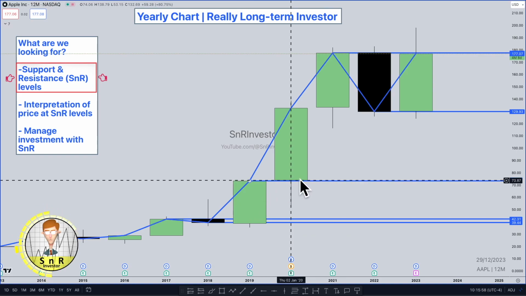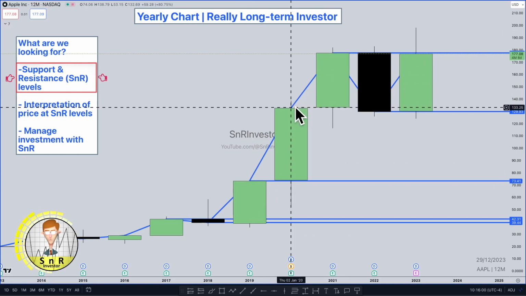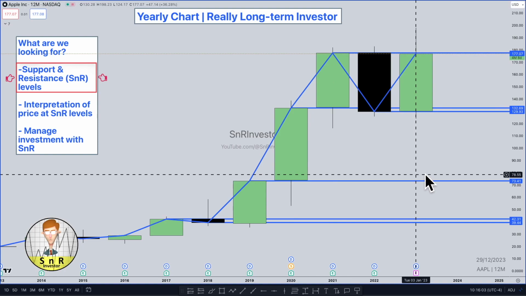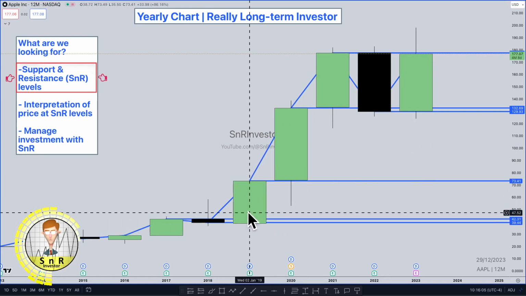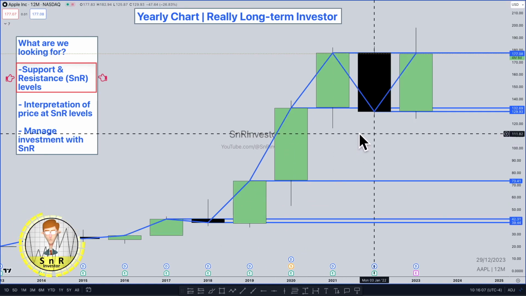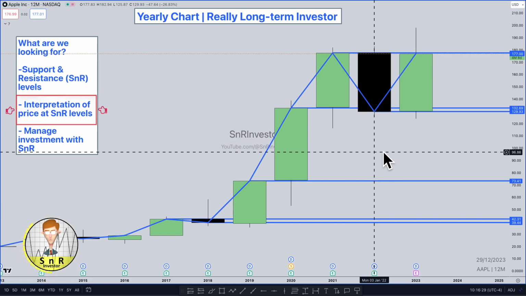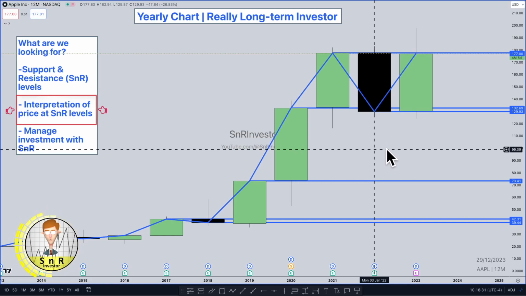So we have one over here and another one over here. So these are the different price levels that we are most interested in for the Apple chart on the yearly time frame. Let's proceed to interpreting what these support and resistance levels show us.